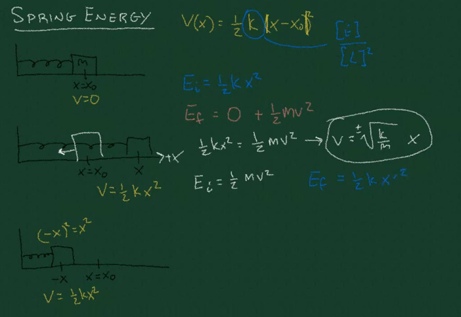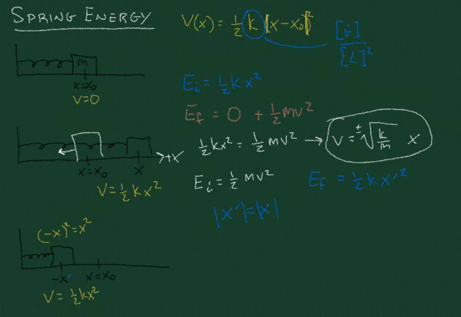So x prime is the distance that it's moved back in that direction. If we set these equal to each other, the magnitude of x prime is the same as x. So it's going to go back to the left just as far as we had initially pushed it to the right.